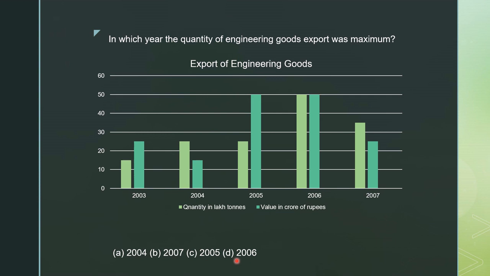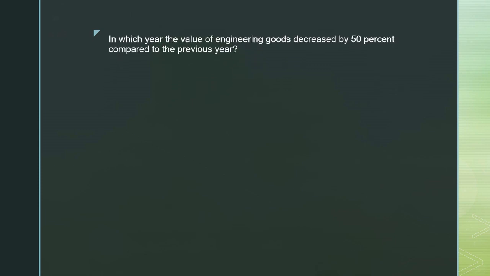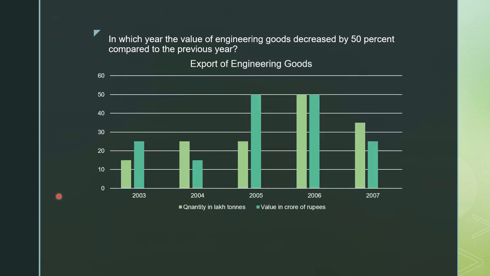Okay, coming to the next question. This is the second question: in which year did the value of engineering goods decrease by 50% compared to the previous year? And here is the bar diagram.